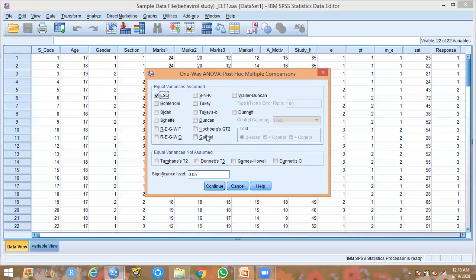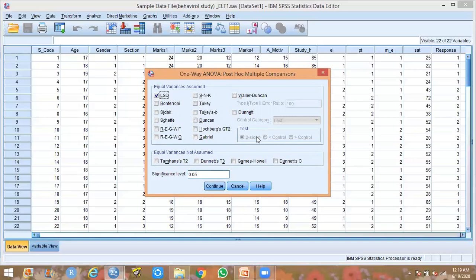If you're not assuming that the variances are equal, if variances are not equal, then you can use any one of the following post hoc tests: Tamhane's T2, Dunnett's T3, Games-Howell and Dunnett's C. So these are four different tests in post hoc analysis for equal variances not assumed.